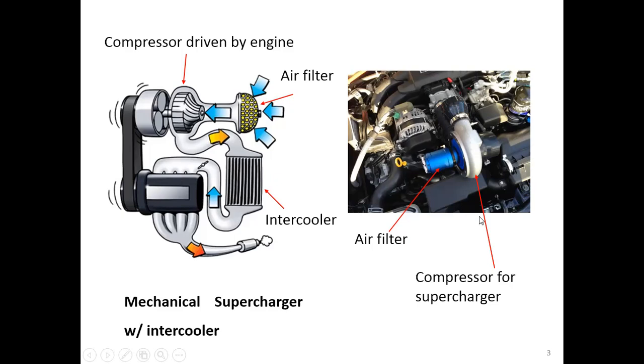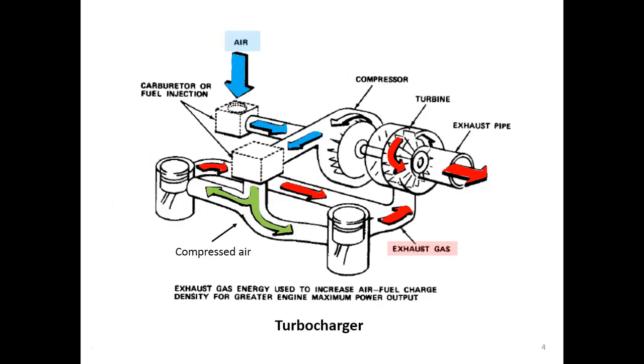Okay, this is the actual picture when you install the supercharger into your engine. This is the compressor, this is the air filter. The compressor is driven directly from the engine to compress the air and send this compressed air into the engine. Okay, this shows you the turbocharger, where we have a turbine here and a compressor here.